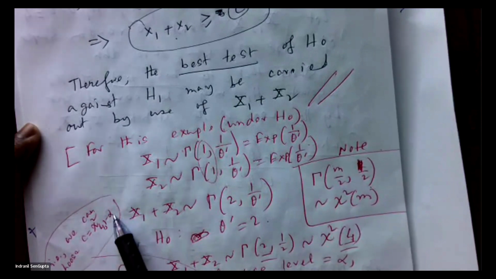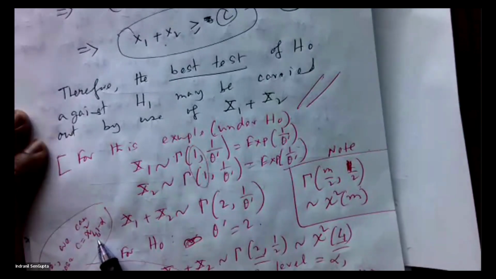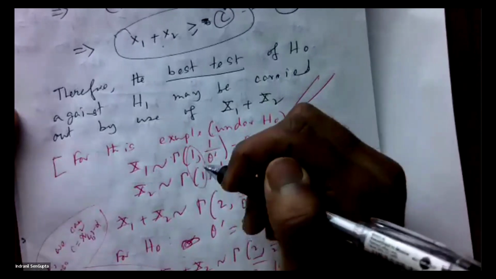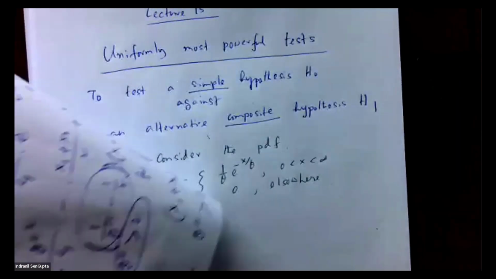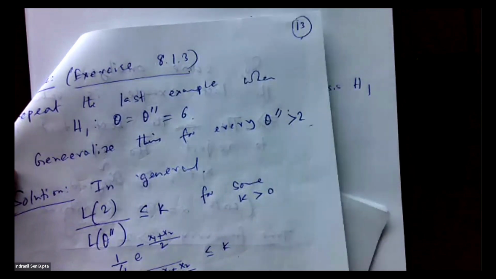The level of significance is alpha, so the chi-square value is 4 comma 1 minus alpha. That is what we developed. At the very end of last class, we also generalized this result for theta double prime bigger than 2, and we saw that this is also true.